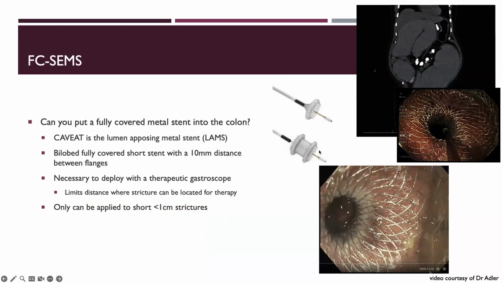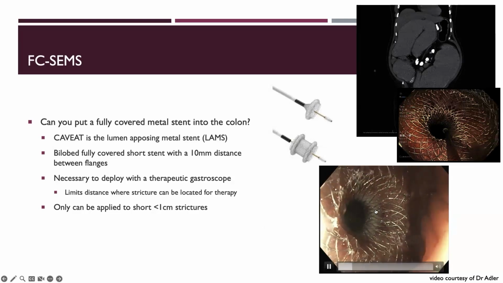It's a short dumbbell with a diameter of around 1 centimeter lengthwise, smaller in the middle, with a dumbbell shape at the edges. So the caveat to the clinically no answer is when you consider using a lumen opposing metal stent. Again, it's a bilobed, fully covered short stent with a 1 centimeter distance between the flanges, and it needs to be deployed through a therapeutic gastroscope.